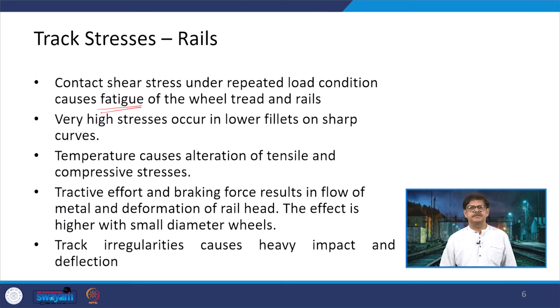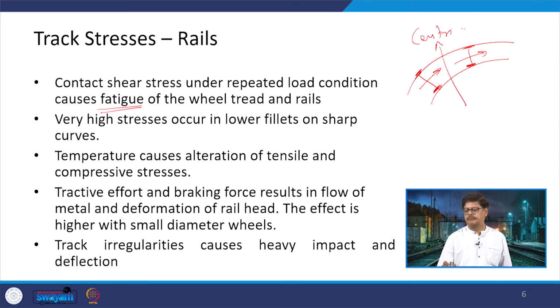Now, very high stresses occur in the lower fillets on sharp curves. When we are talking about sharp curves, we have repeatedly discussed it, and on this sharp curve the wheel is moving like this, and similarly here also it is moving in this form, and this movement is going in this way, where the centrifugal force is acting outwards.